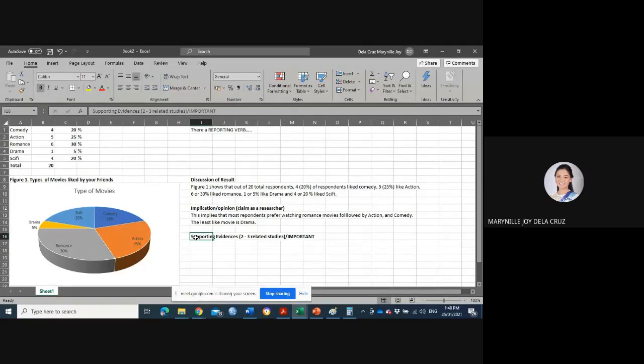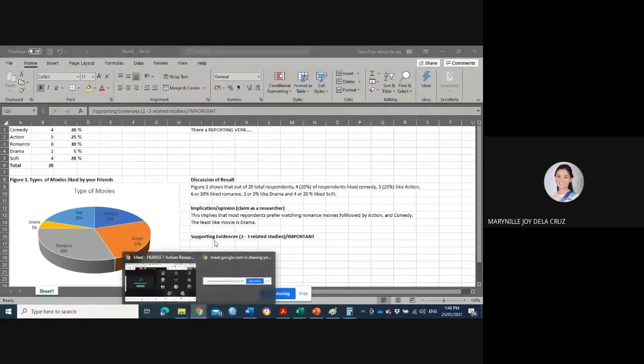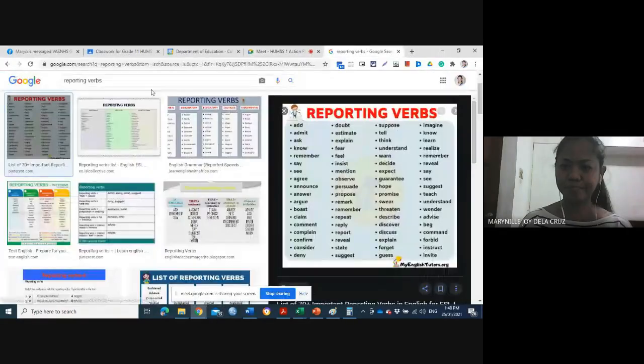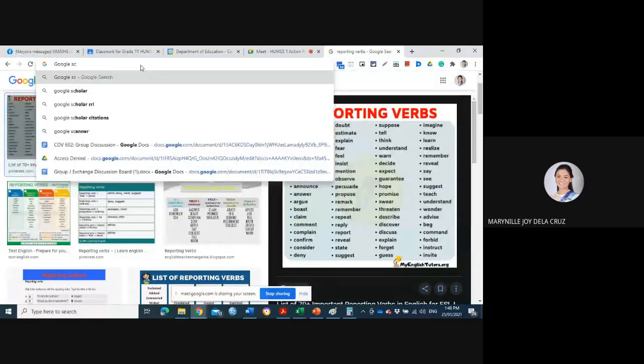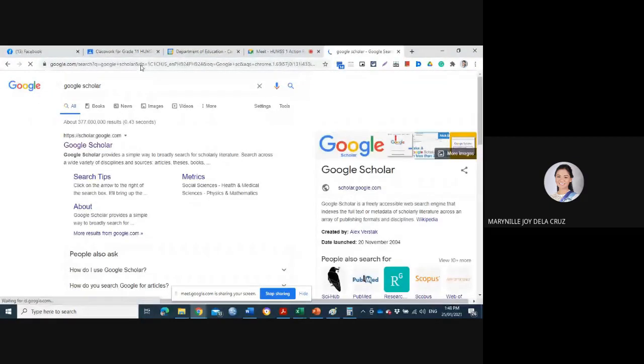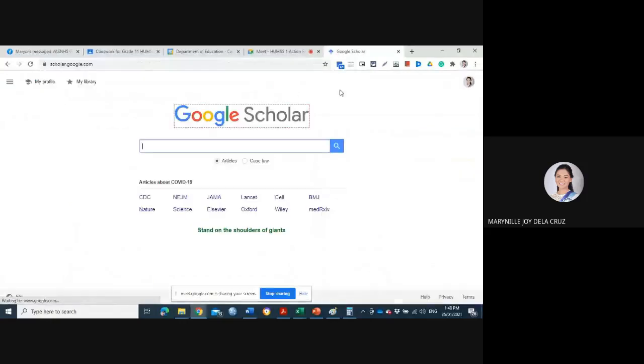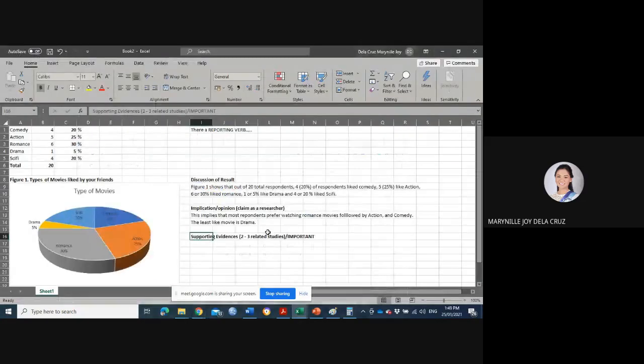How do you support your evidences? When you support your evidences, you need to find related studies connected to the topic that you are researching on.